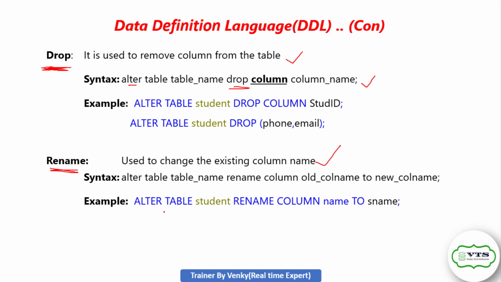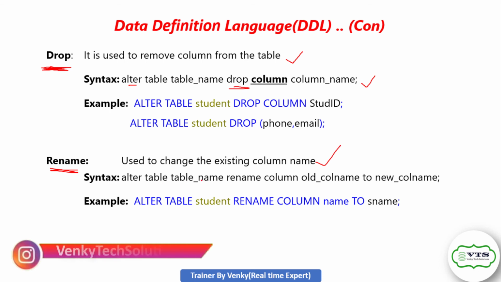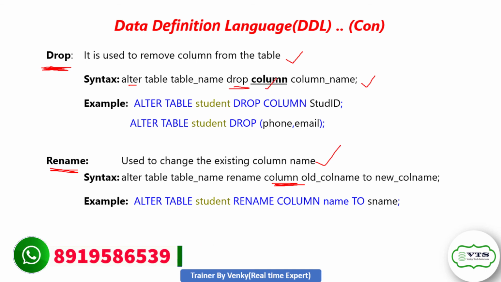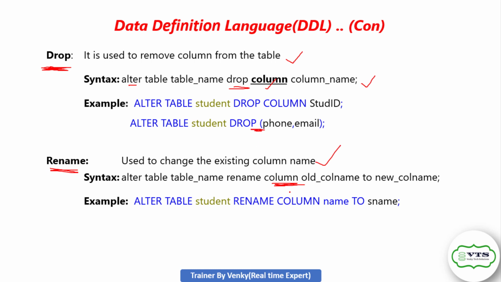So the syntax is ALTER TABLE table name RENAME. Here also you must remember that you must declare the COLUMN keyword. In DROP, when you are dropping one column, you must declare the COLUMN keyword; if you are dropping multiple columns, the COLUMN keyword is not required. When you rename or change one column, you must declare the COLUMN keyword, old column name TO new column name.